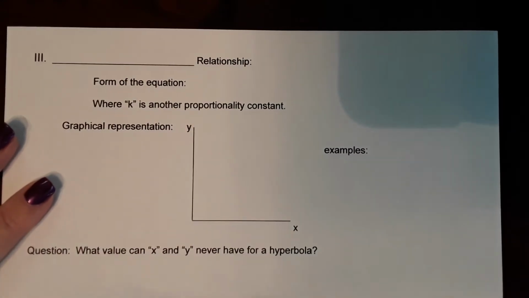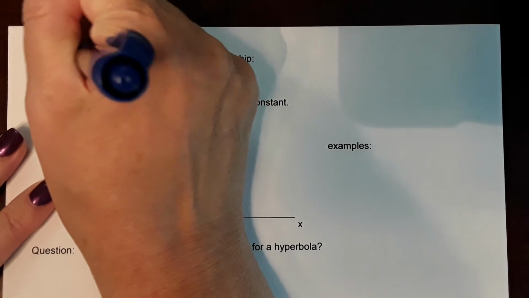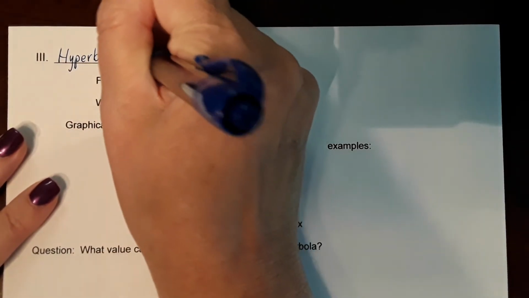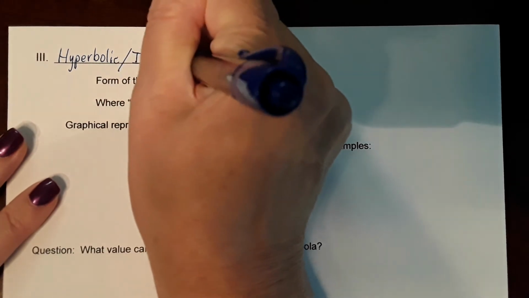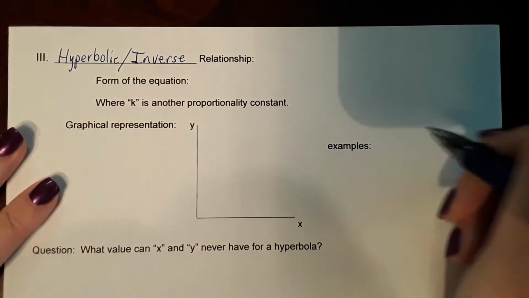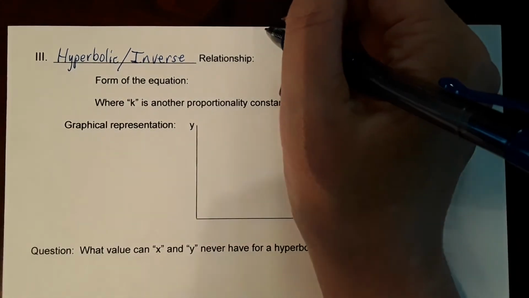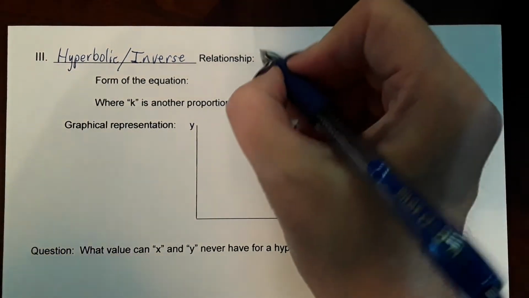The last relationship is hyperbolic, or your algebra teacher may have said inverse relationship. Okay, so what happens in such a relationship? What do the variables do to each other?